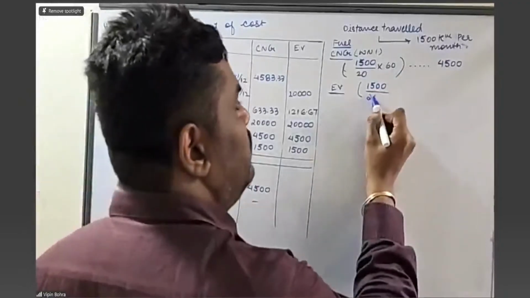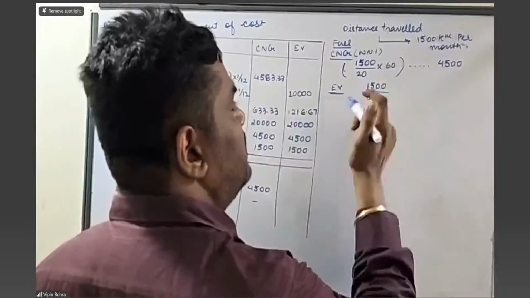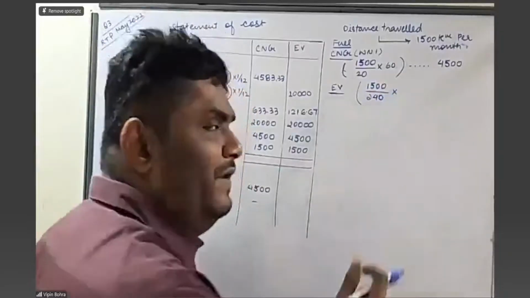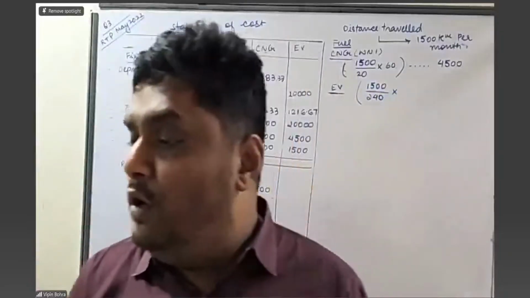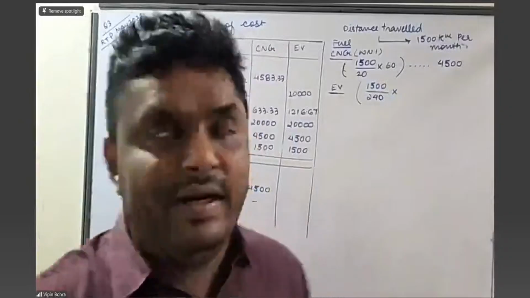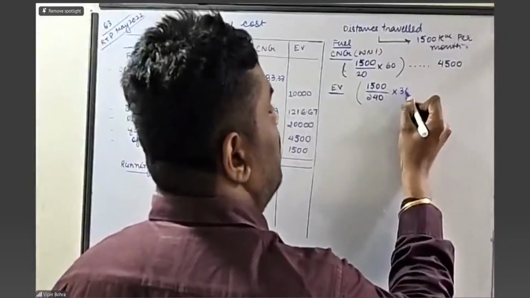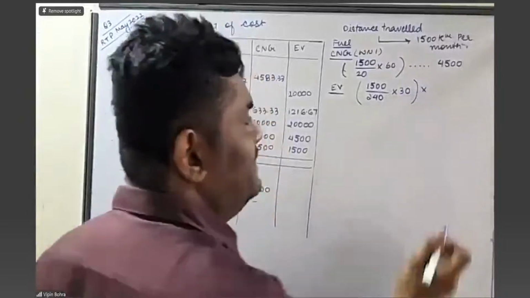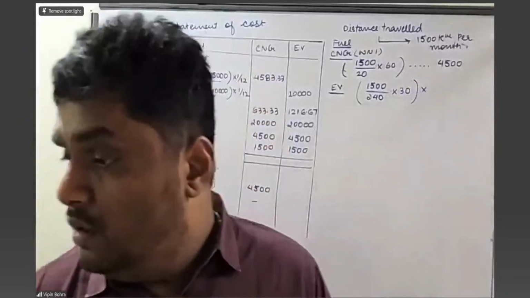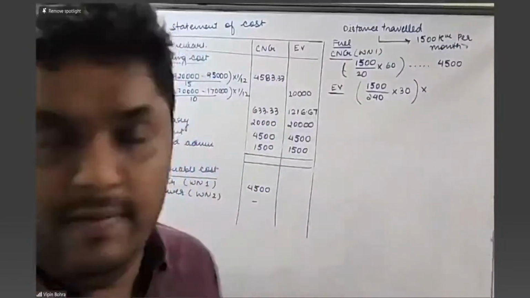So divided by 240 kilometers per charge. And every time they charge in full, total 30 kilowatts of electricity is consumed. And the rate of electricity is how much? 7 rupees 60 paisa.